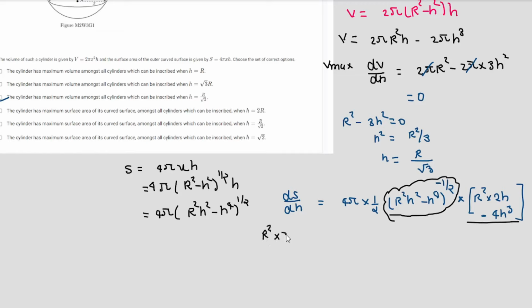So r square times 2h minus 4h cube will be equal to 0. That implies r square h will be equal to 2h cube. One h will balance the other h, so r square will be equal to 2h square. So h will be equal to r divided by root 2. So by solving for the maximum surface area, h should be equal to r by root 2. So this statement is correct.